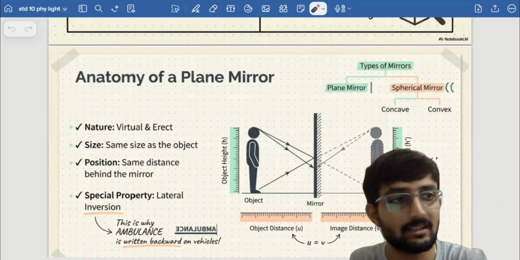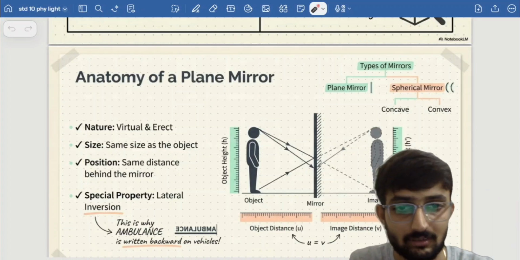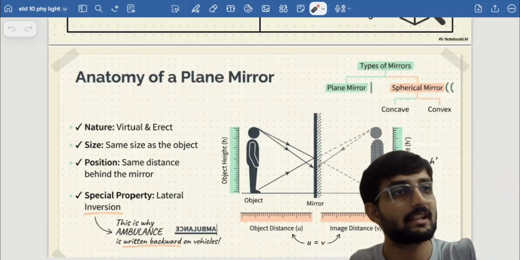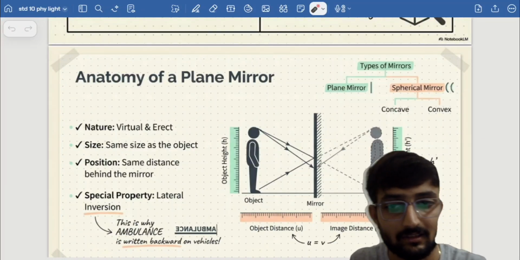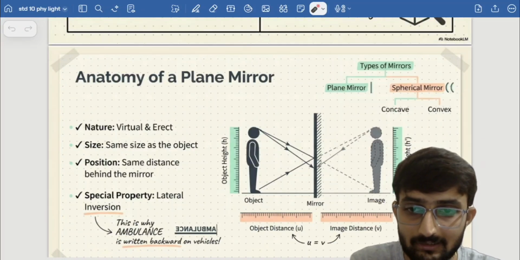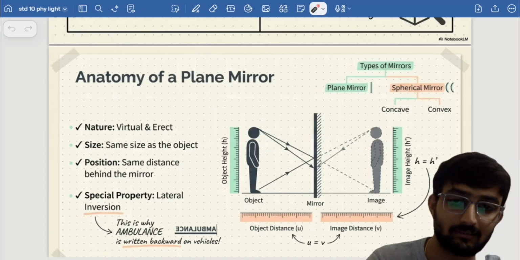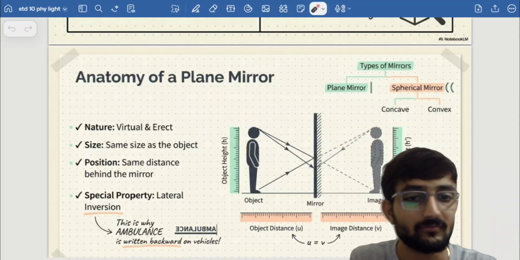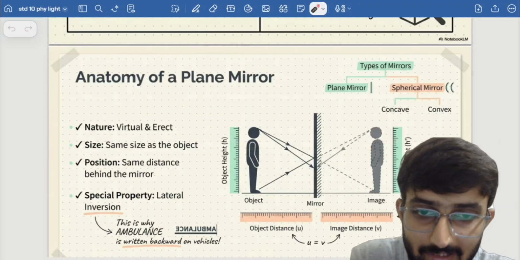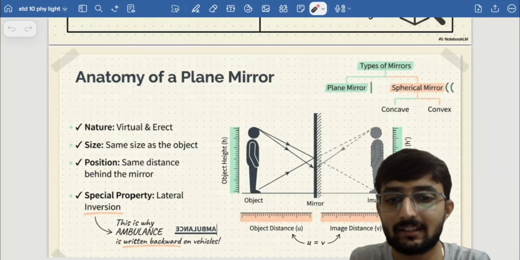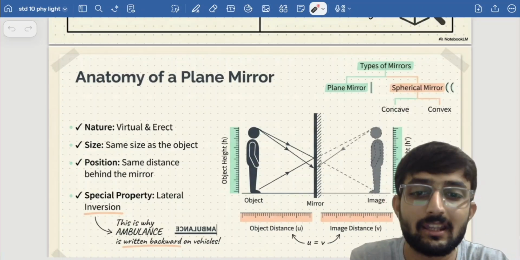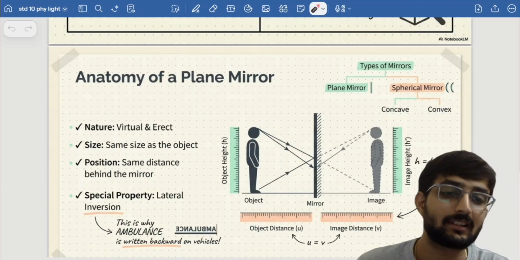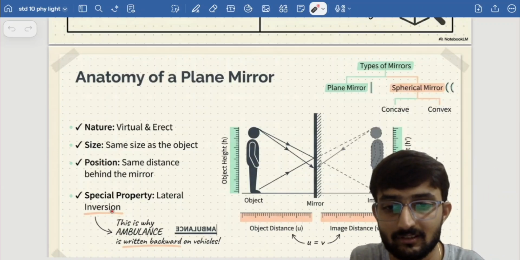If we see the ambulance which is coming from the back side of my vehicle, so when I see in the rear mirror, I can see the proper spelling in the proper manner, or we can say the lateral inversion flips it back and makes it instantly readable as ambulance, so they can clear the way. Okay, that's the proper answer of this.